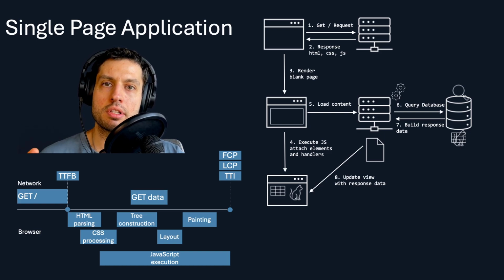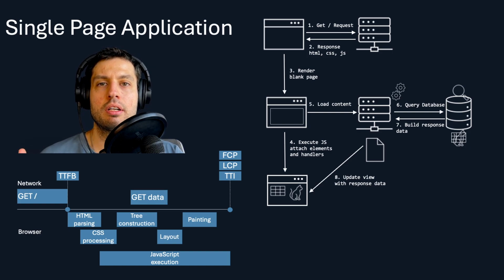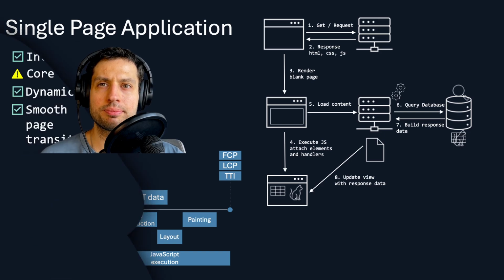The server then queries the database and returns in response the data that we can use to display. Meanwhile, we execute JavaScript and attach new elements, also attach event handlers. Finally, when we get the data, we attach new elements, we attach new event handlers, and the whole view is rendered and ready to interact with.